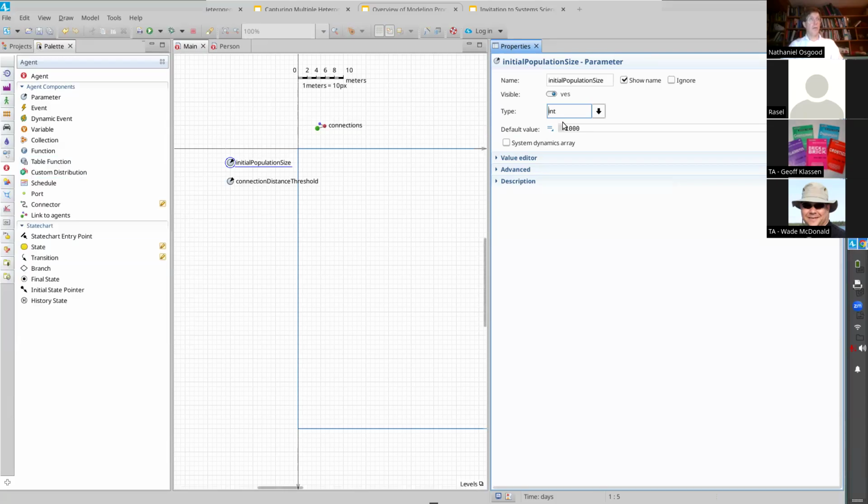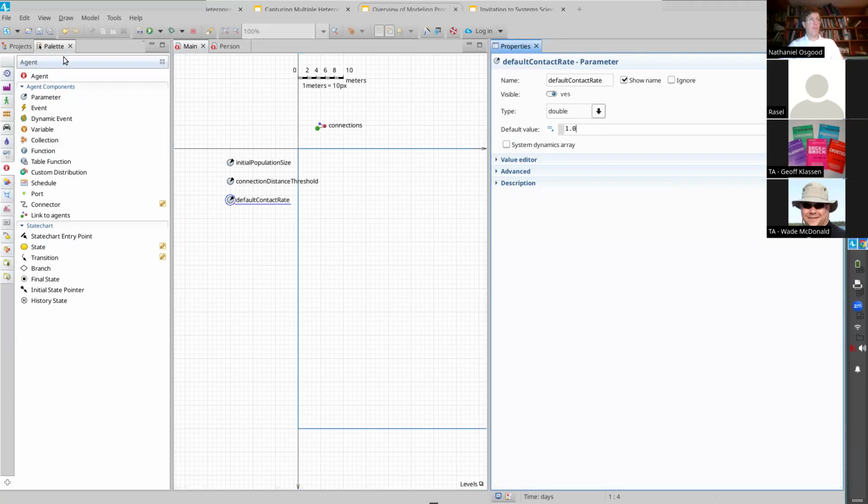Default contact rate will be a parameter with the default in its name, default contact rate. That will be used by default if people haven't been intervened upon. It's 1.0 per day.